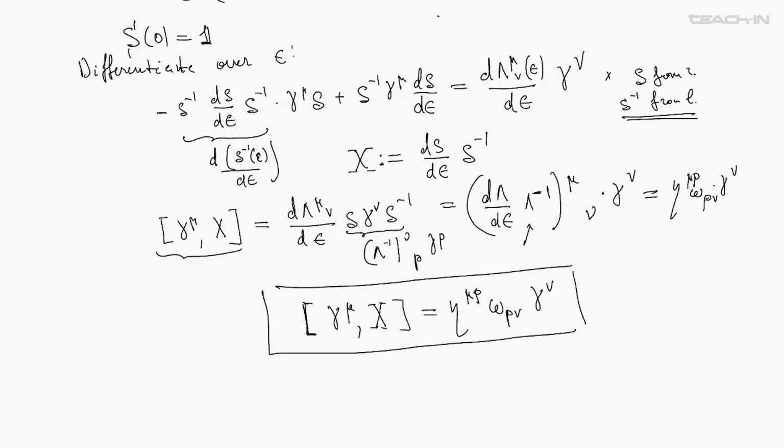And this equation tells you that the commutator of these two matrices is another matrix on the right-hand side, where omega rho nu are parameters of Lorentz transformations. So what we are doing, we are solving for x.